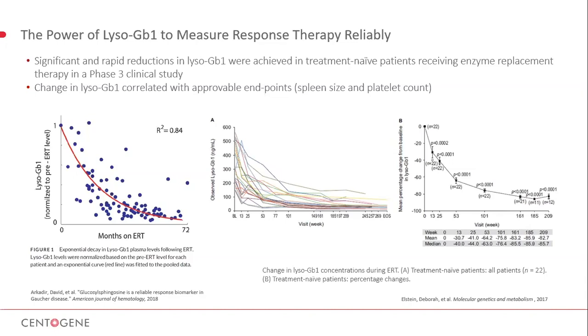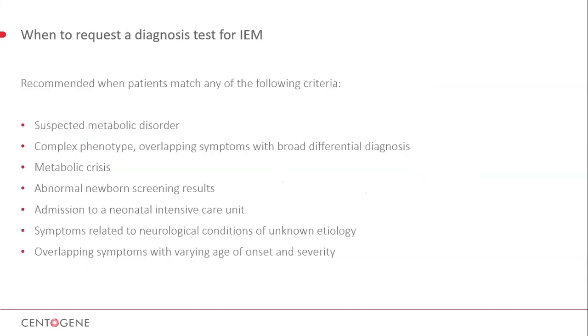As you can see in these graphs and tables, in those patients who were naive for treatment, after receiving replacement therapy, levels of lyso-Gb1 dropped drastically, and they also correlated with some endpoints used to evaluate the effectiveness of treatment, like the platelet count and the spleen size.